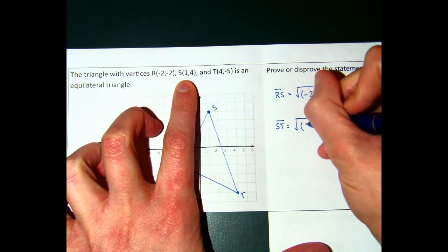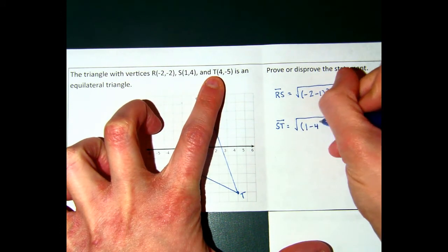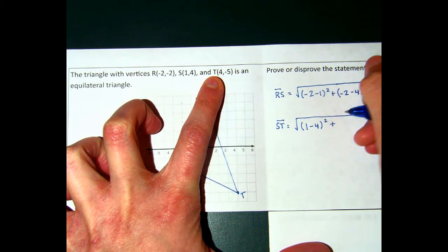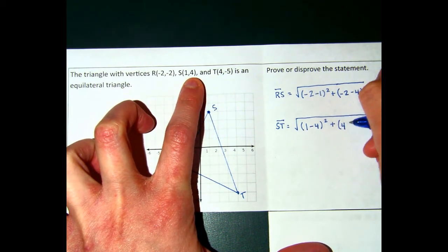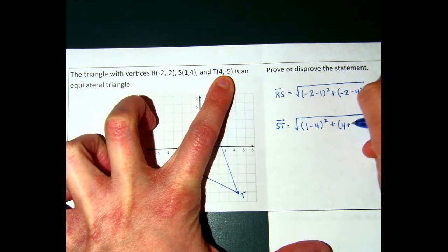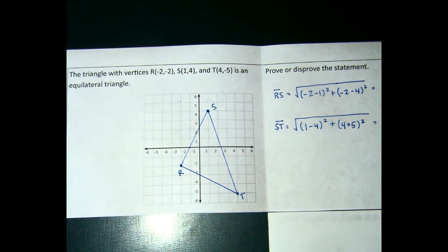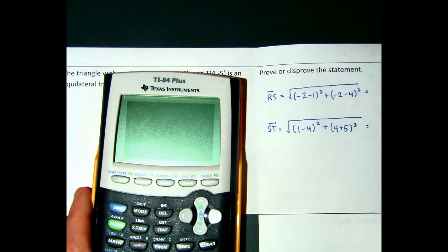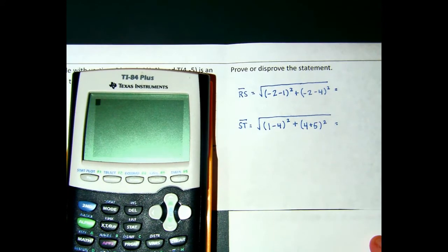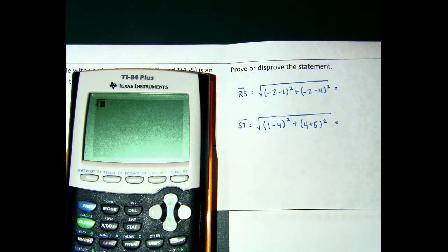For ST, we've got 1 minus 4, which is the T x value, plus 4 minus negative 5, so plus 5 squared. Okay, we're going to plug these in and see what's going on here. Again, negative 2 minus 1 squared plus negative 2 minus 4 squared.